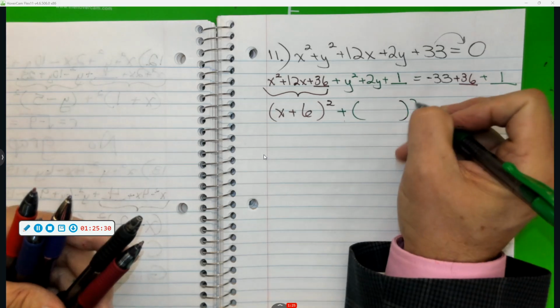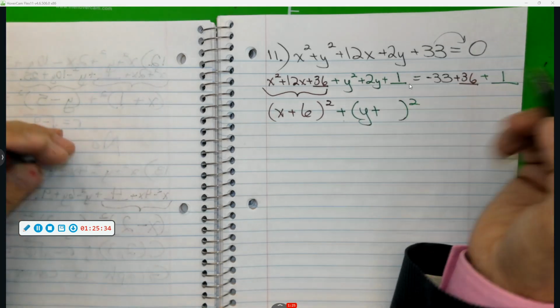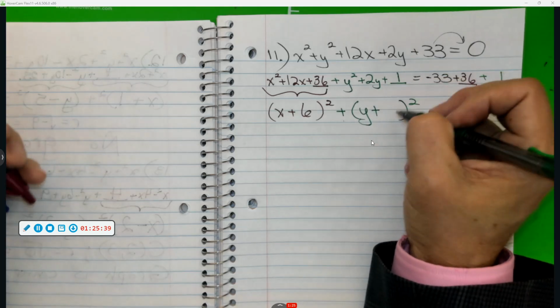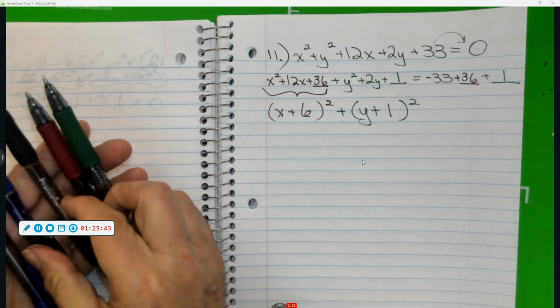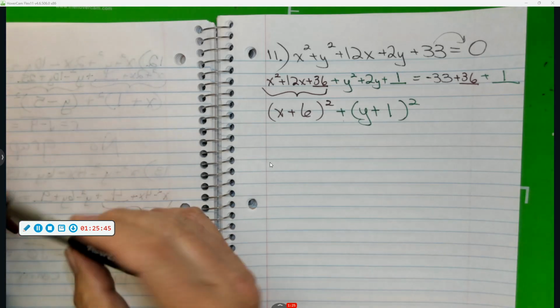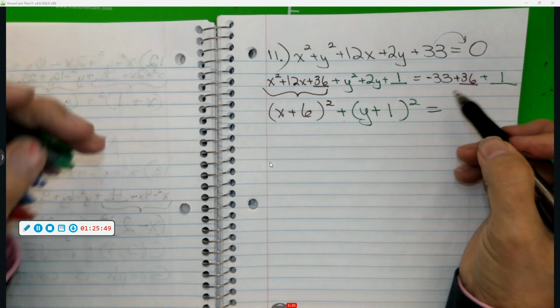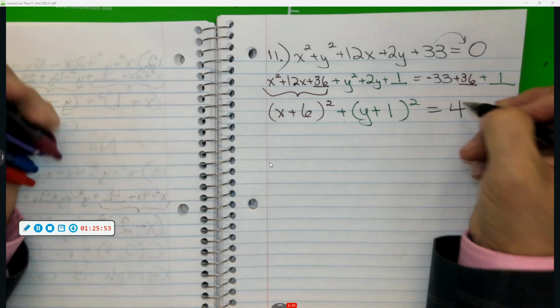Plus y plus, I agree with the variable sign, 1. Half of that number is 1. And what have we got on the right-hand side? So is this going to be one of our special cases? No, I don't think so. This is negative 36 plus 37. That's a positive 4.